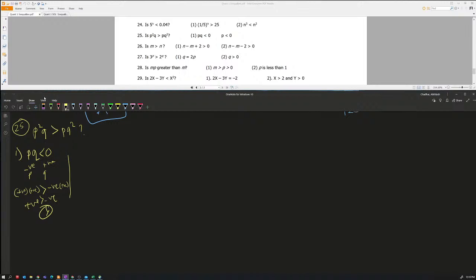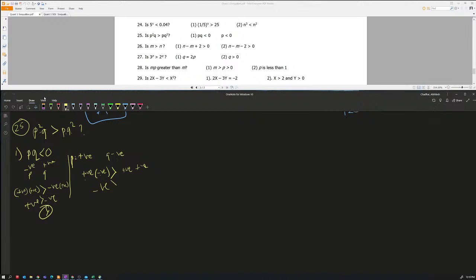Let's take another one, where p is positive and q is negative. So in that case, p square becomes positive, q is negative, and this is greater than p is positive and q negative, positive, negative, positive, and this negative becomes positive.